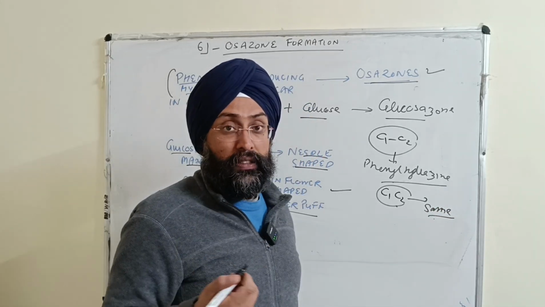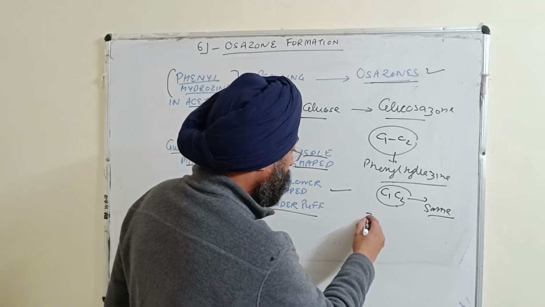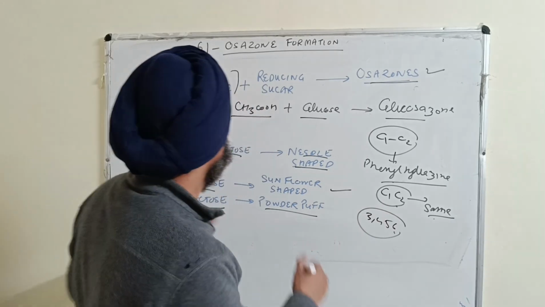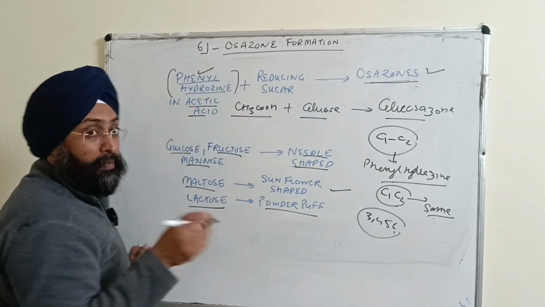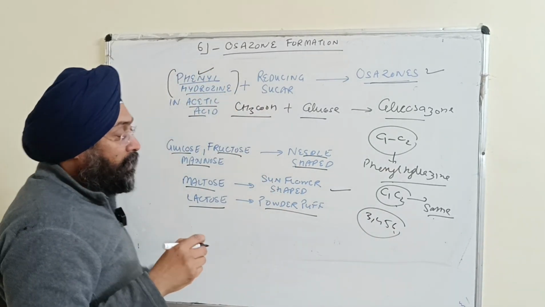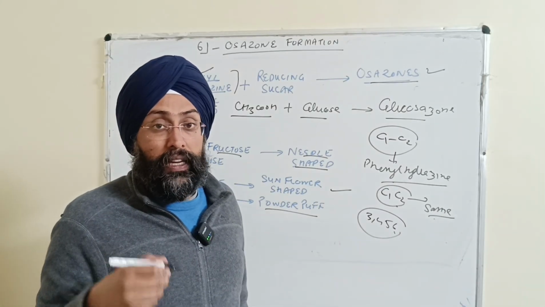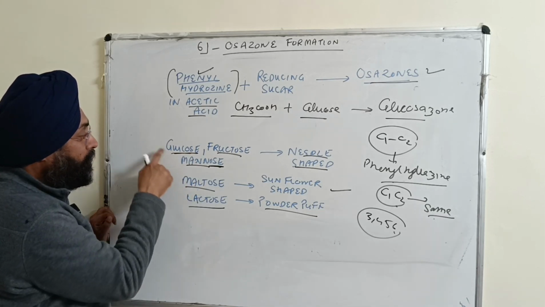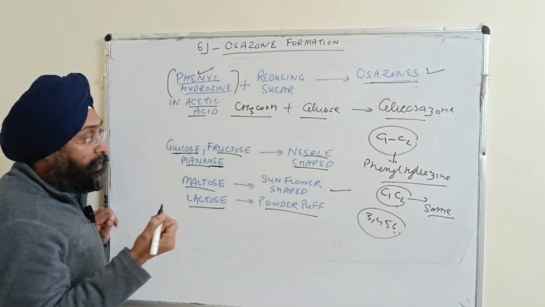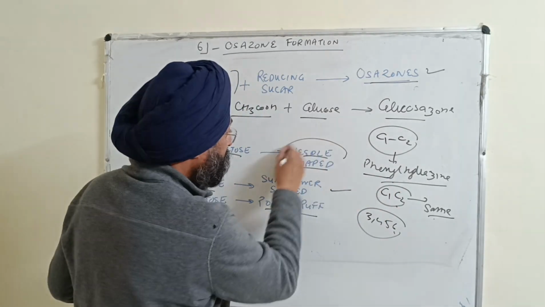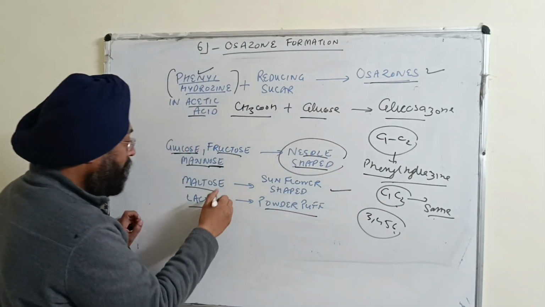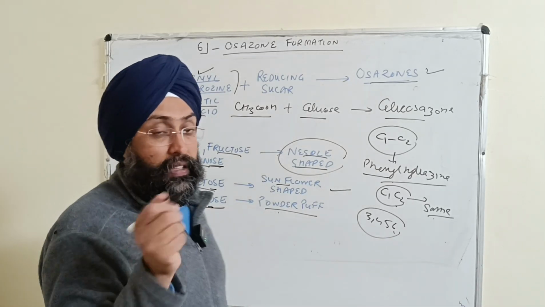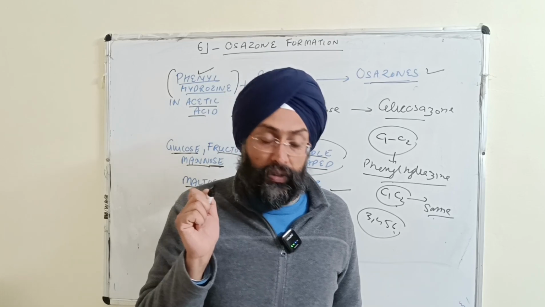But the difference will not be masked if the carbons are 3, 4, 5 or 6. But C1, C2 is masked by phenylhydrazine because it binds there. So if we have mannose here and glucose, the carbon 1 and carbon 2 difference is masked by phenylhydrazine. So the crystals are the same, needle shaped, but in case of maltose, we'll get sunflower, lactose we'll get powder puff. We'll start with the last property, that is formation of esters.